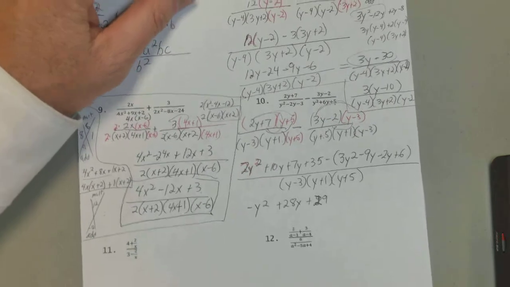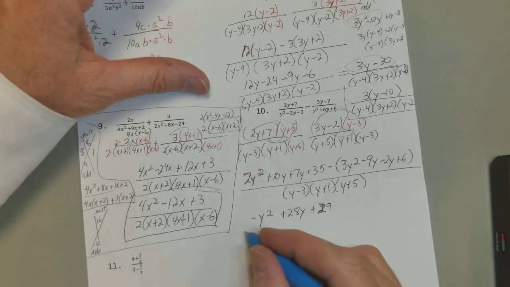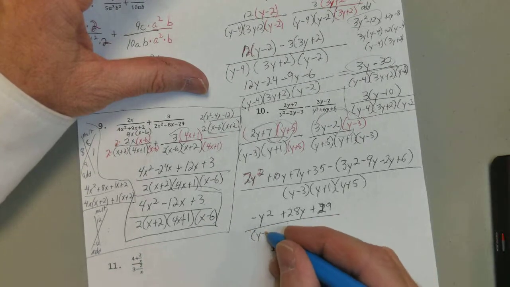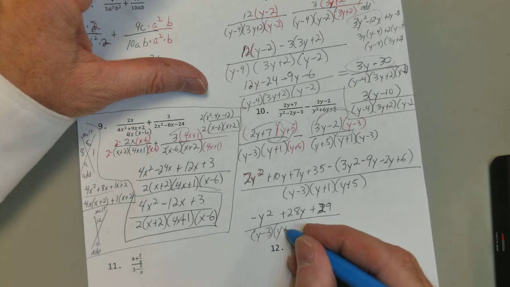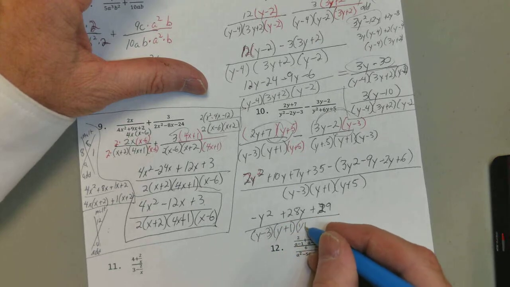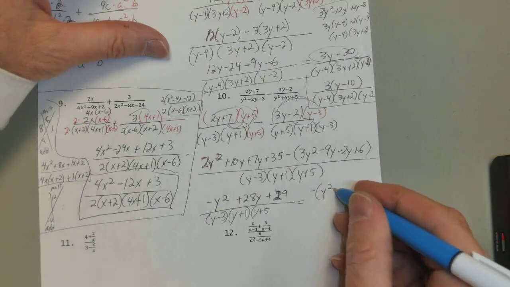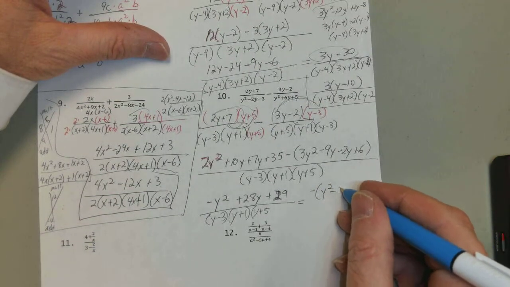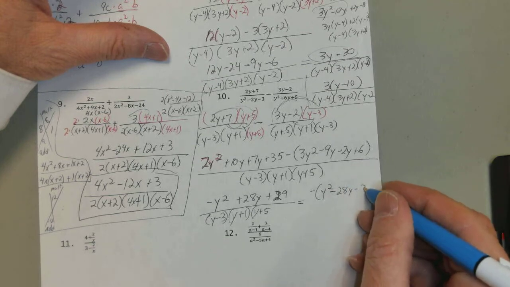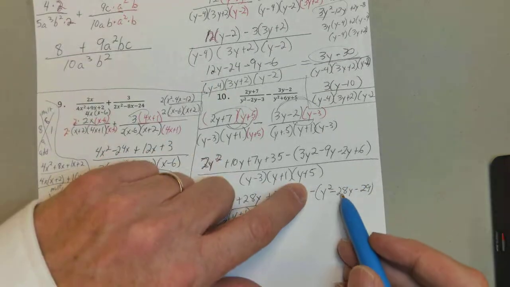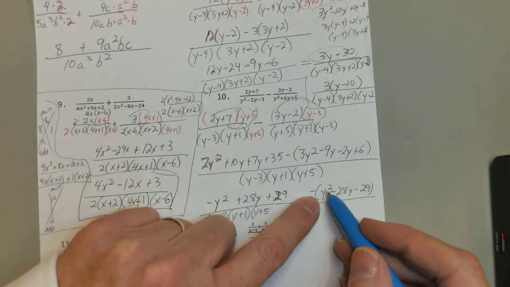Interesting. I wonder if something's going to work there. Over y minus 3 times y plus 1 times y plus 5. Okay, I'm going to put the negative out here and write negative, and then write y squared minus 28y minus 29. Doing that, it's much easier to factor that way.